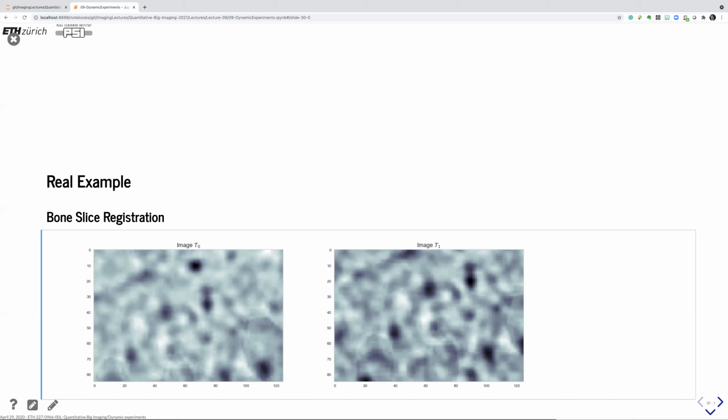This is also very much related to next week's lecture, which is about bimodal imaging or multimodal imaging. But also, if you have experiments where you may have taken the sample in and out, the repeatability of the in and out operation may not be as precise as you would wish.